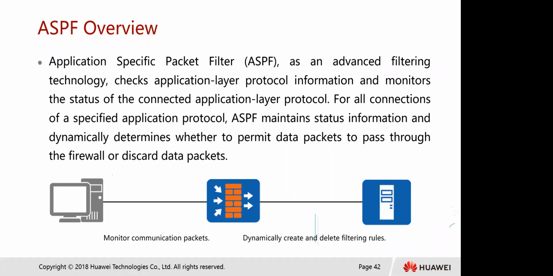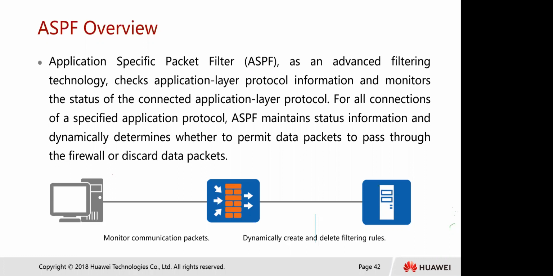For example, if you have a multi-channel protocol using FTP for communication, it is difficult to configure the rules on our firewall. But with ASPF, it enables the firewall to support the protocols of multiple data connections over one control channel, and it also supports various security policies in very complex application scenarios.